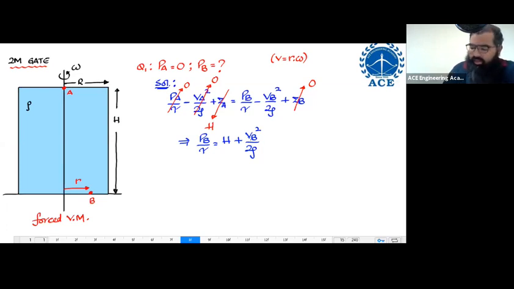Now, what is the value of VB? The value of VB has to be equal to this radius multiplied by omega, so small r into omega. I'm going very slow now.